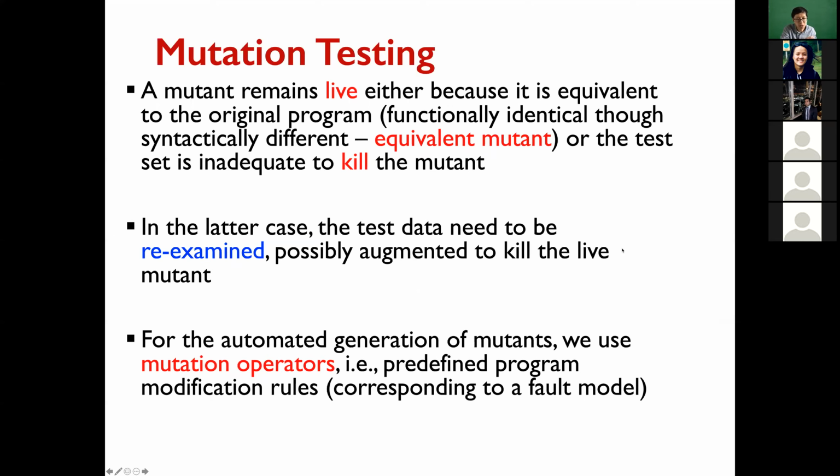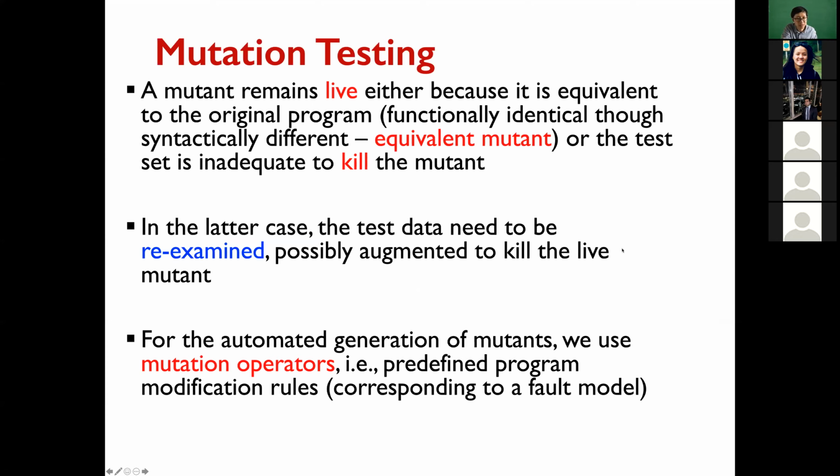You can write the program in different ways, but it's still correct and exactly the same. So this is an equivalent mutant. No test case can kill the equivalent mutant because there's no difference between this mutant and the original program.